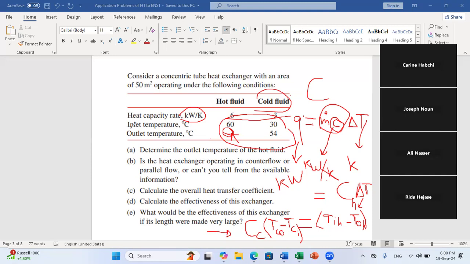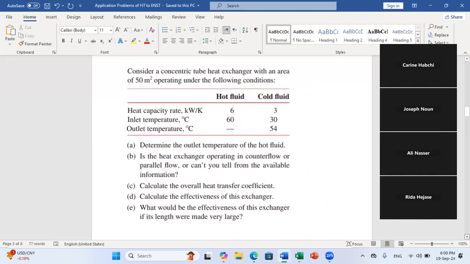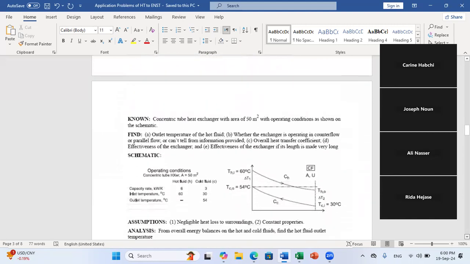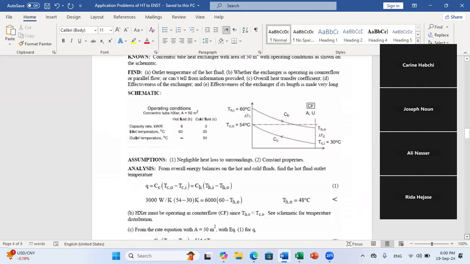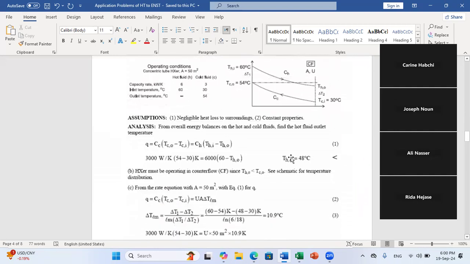So let us look at numbers to be able to answer this question. As we said, the first step is to apply the energy balance, and from our energy balance, we can get the temperature at the exit of the hot fluid.